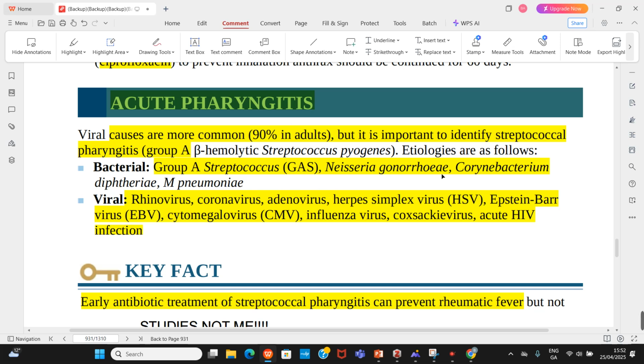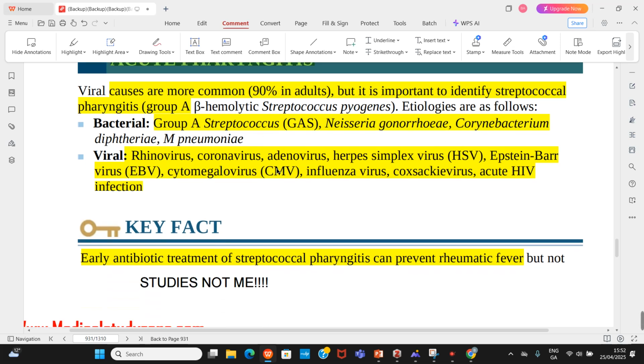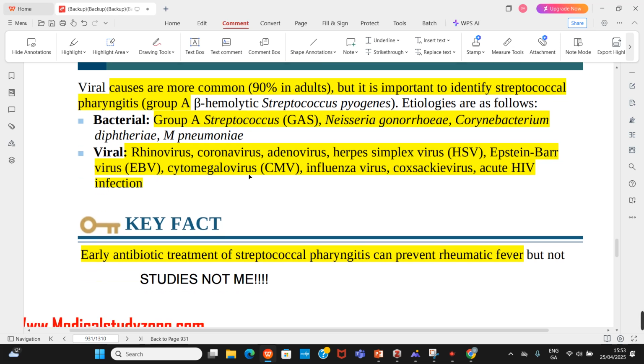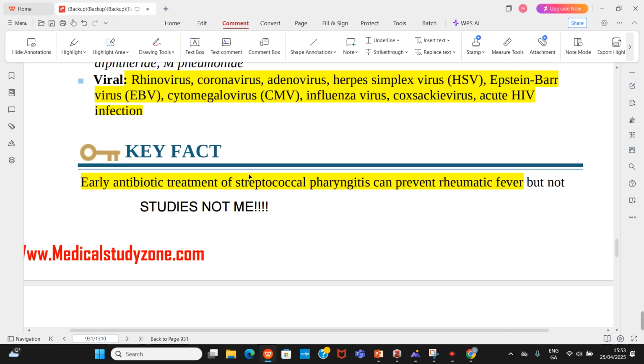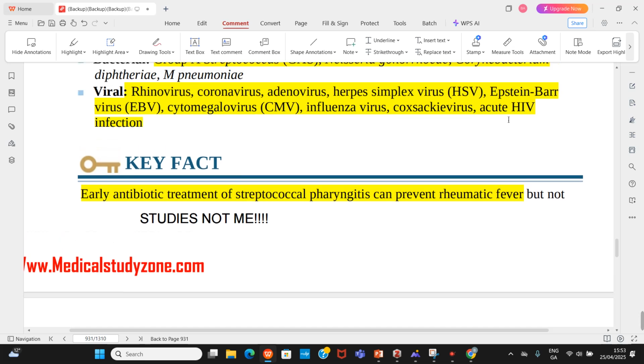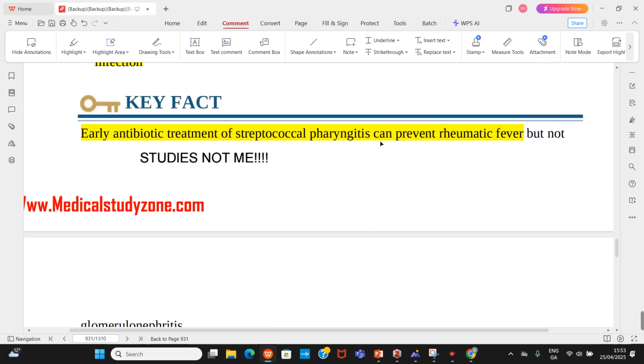Neisseria can be a cause of pharyngitis. Mycoplasma pneumoniae can also be a cause of pharyngitis. And of course, all the viruses, rhino, corona, adeno, herpes, influenza, HIV, they can all cause pharyngitis. In acute HIV, pharyngitis could be one of the early presentations.